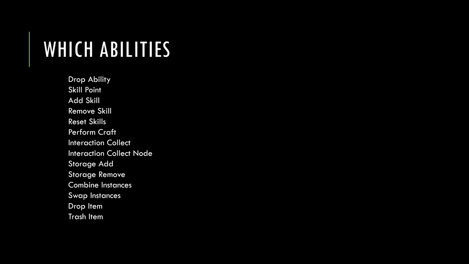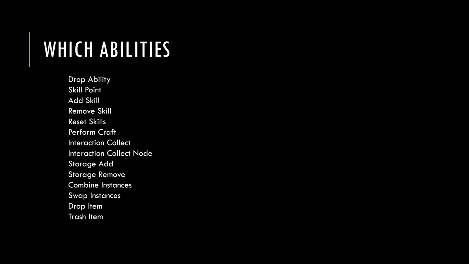All right, so we have several abilities that change the state of our inventory manager. These are just listed here on the screen. When we slot an ability into the active slot, we are storing that in the inventory system. When we get a new skill point, we're storing that as a currency in the inventory system.